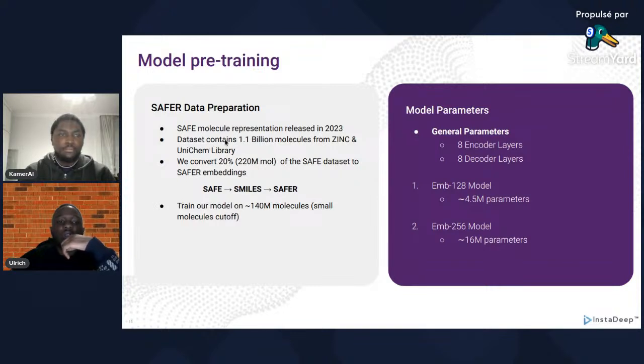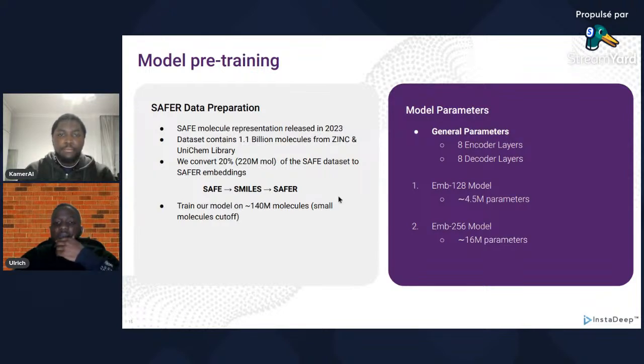For this training, we didn't use the entire dataset, we used around 20% of the dataset. And we also filtered the dataset because we only focus on small molecules, meaning molecules with a certain mass. You don't want molecules bigger than a certain mass. So our constraint was just to get molecules whose tokenization doesn't go above 180 tokens. That was the idea to trim it to small molecules.